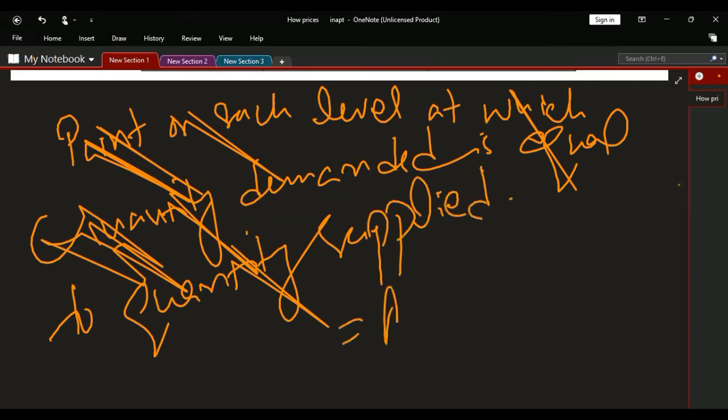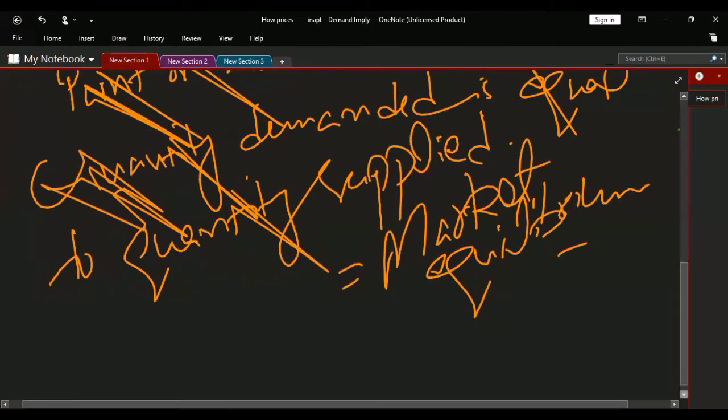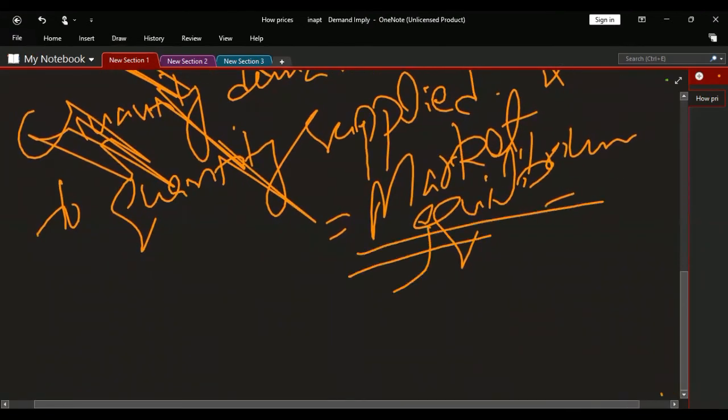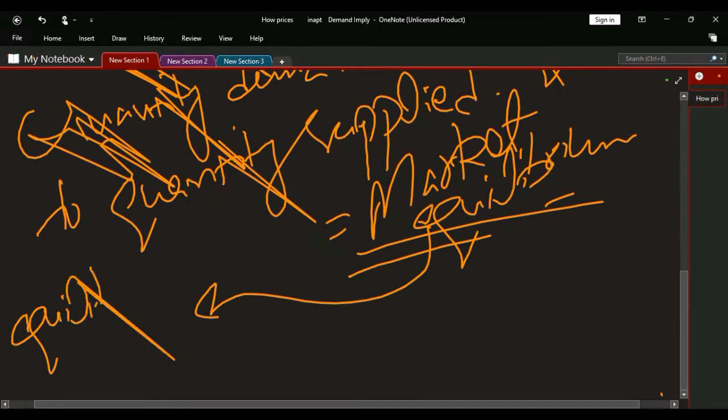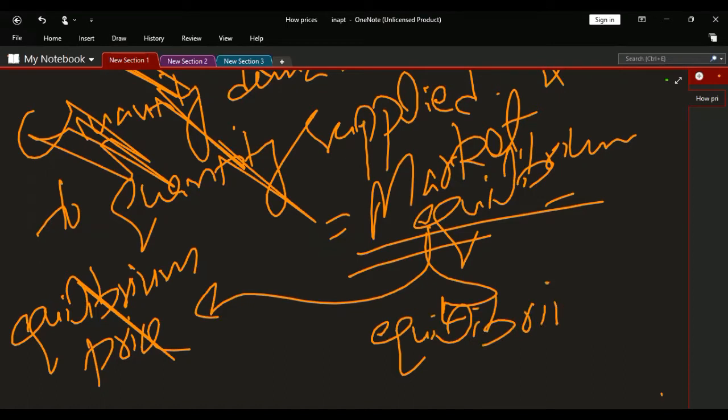Such point is known as market equilibrium. And price at this level is called equilibrium price, and the quantity at this level is called equilibrium quantity.